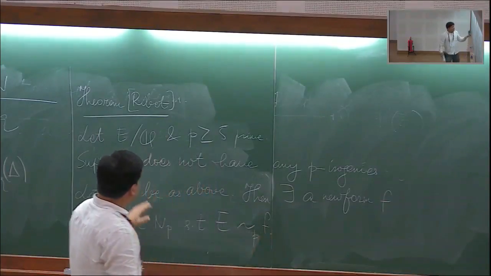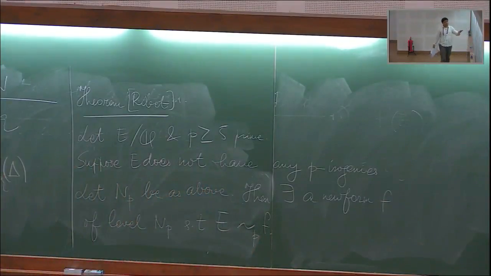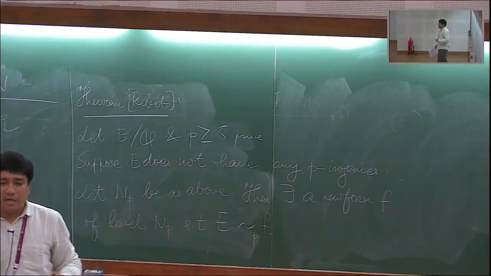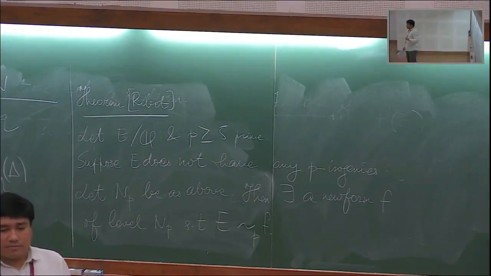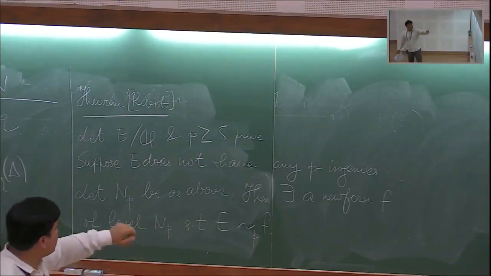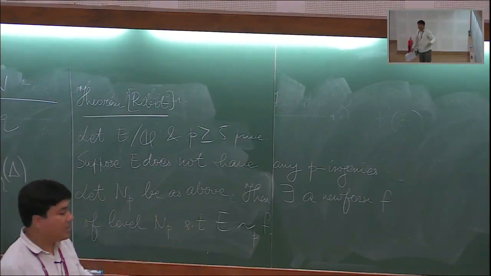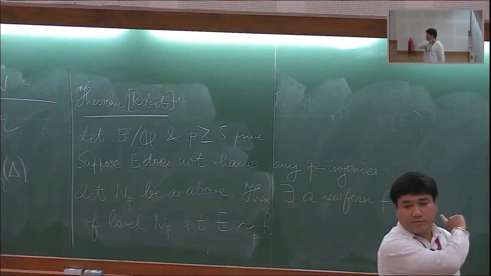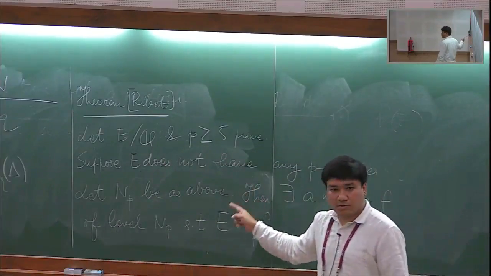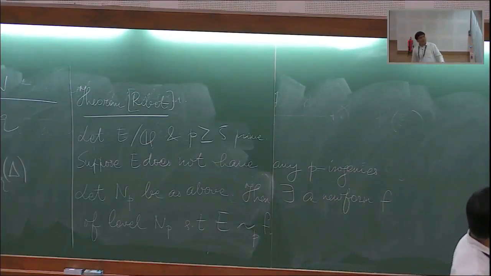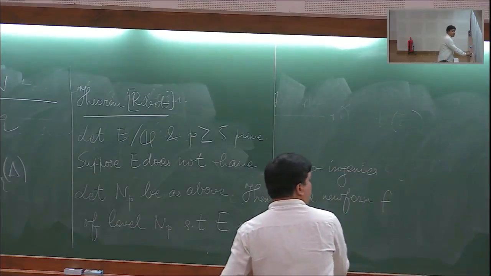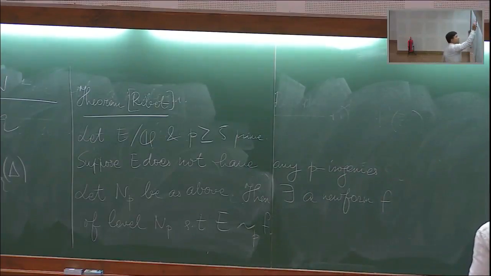But here you need one critical assumption, which is that E has to be a modular elliptic curve. Associated to E, there has to be a modular form. That's why the theorem of Wiles, which we wrote somewhere, is needed for this statement to hold. Modularity is needed for this theorem.